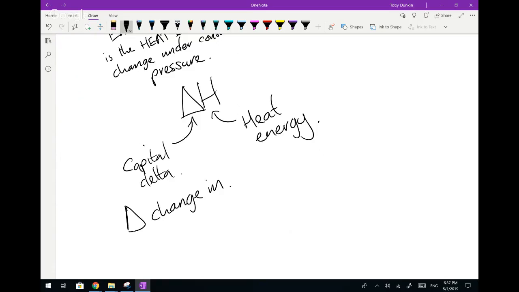Heat energy is the total heat energy change in a system, whereas temperature is a measure of vibration. So if I had 2 particles vibrating slowly and 10 particles vibrating slowly, they would have the same temperature, but different heat energies, because you have to take into account the number of particles in the system, so the total vibration of a closed system.